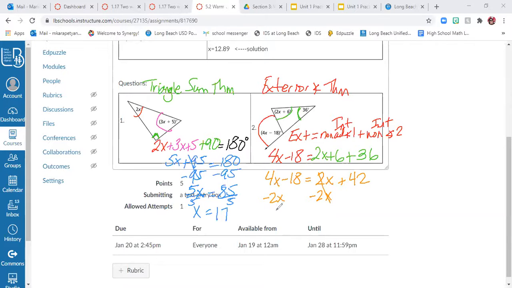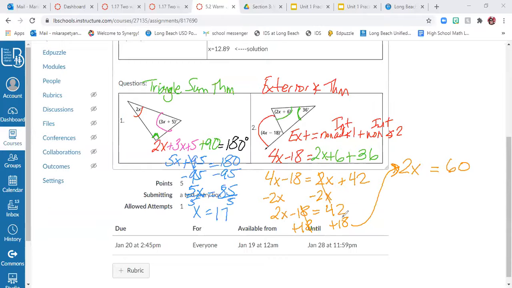So 4x minus 2x is 2x minus 18 equals 42. And then I'm going to add my 18 over so I can get my x's and my numbers on opposite sides of the equal sign. 2x is equal to 42 plus 18. That's going to be 60.